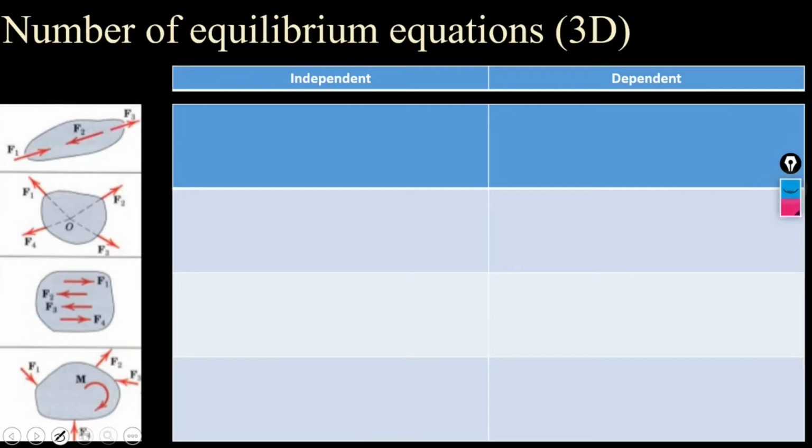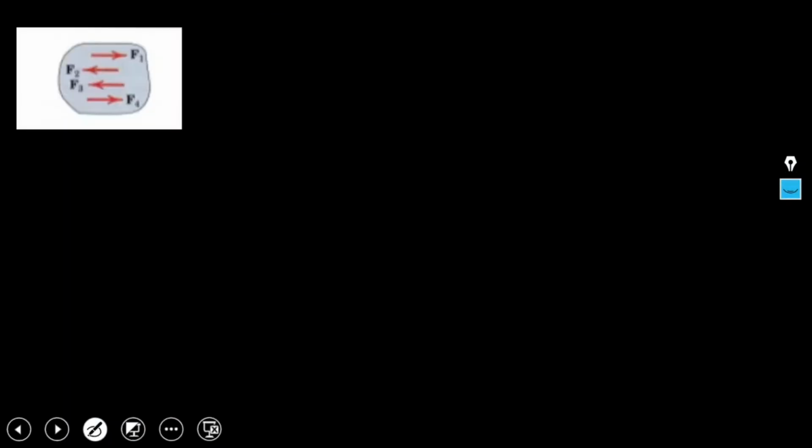Let's take the parallel case. In this case, let me write the moment. The forces are along the z axis.